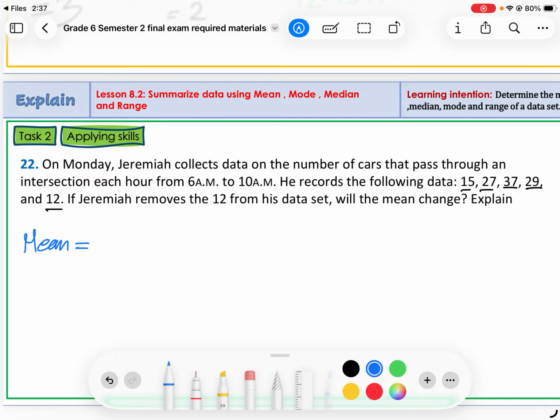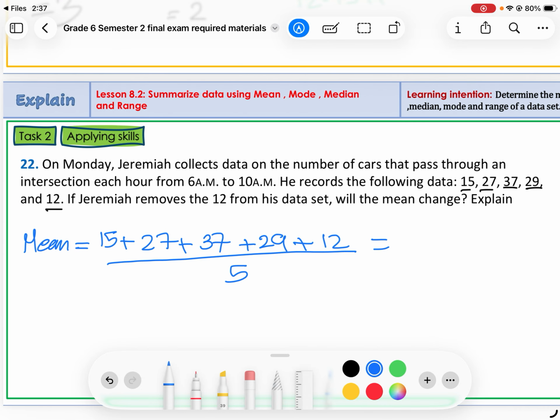How do you find the mean? You should add all these data values, 15 plus 27 plus 37 plus 29 plus 12, and then you will divide it by how many values you have? 1, 2, 3, 4, 5.